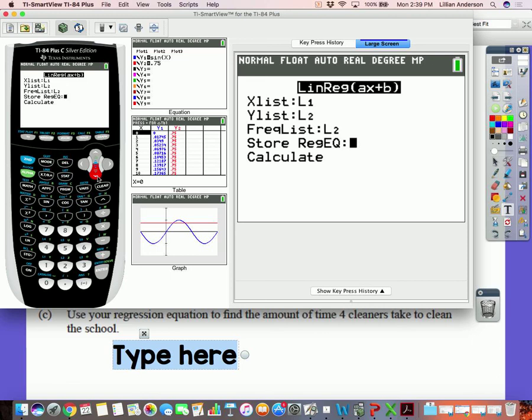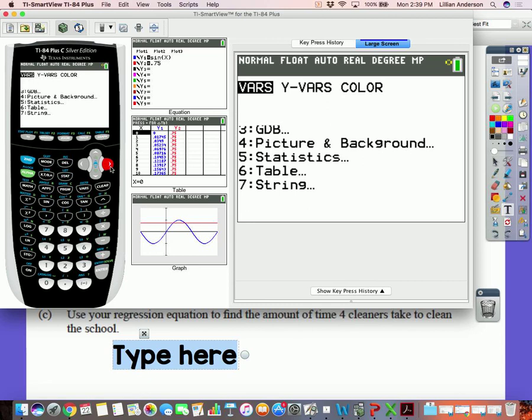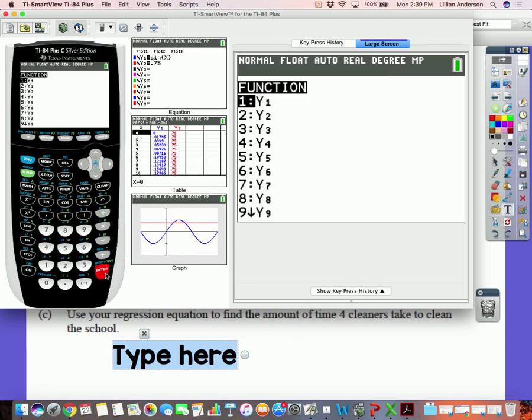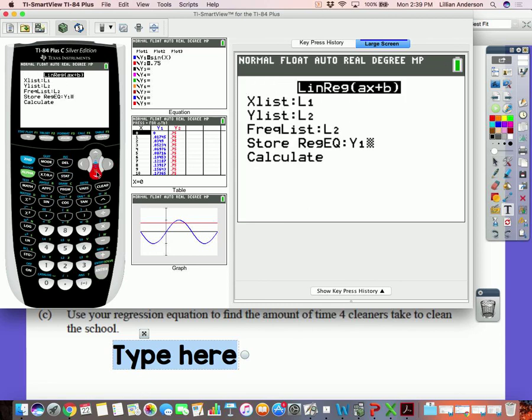So right here for store regression equation, I got to go to vars, y vars, function, y1. Y1 is basically going to take the equation and store it into our y equals for us, the non-rounded answer. But what if we have a calculator like Artney's? The same way, you go to vars, go over to y vars, go to function.